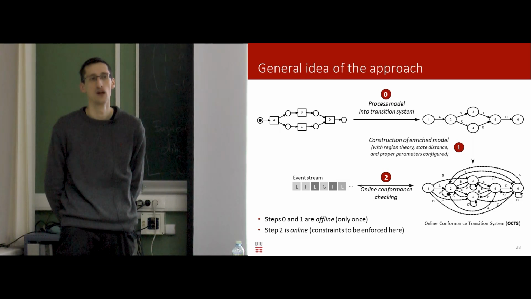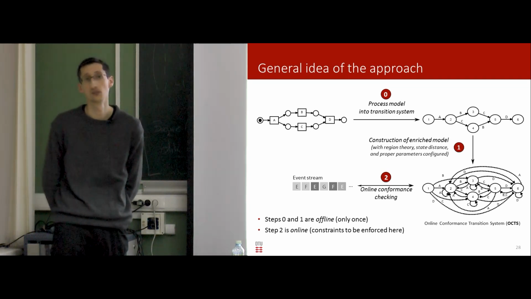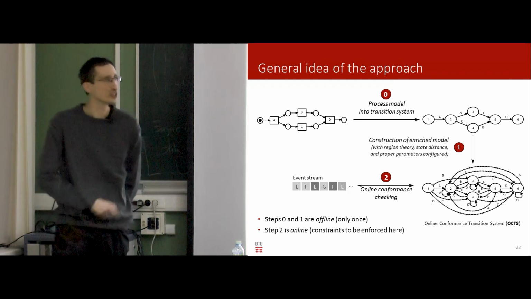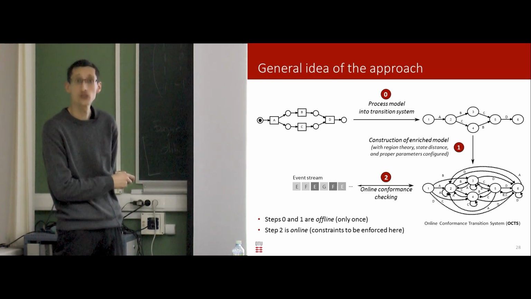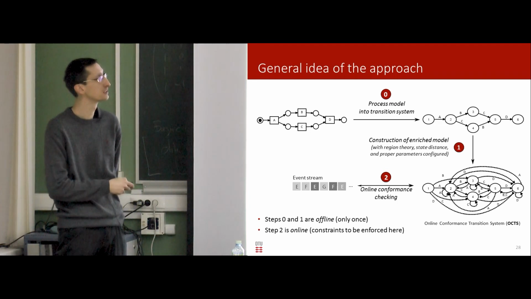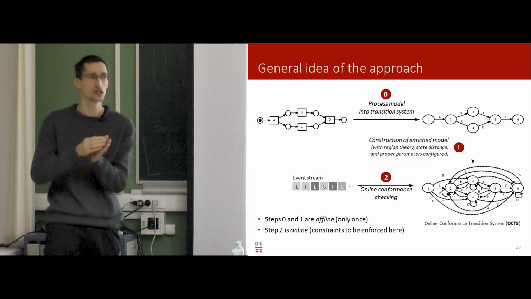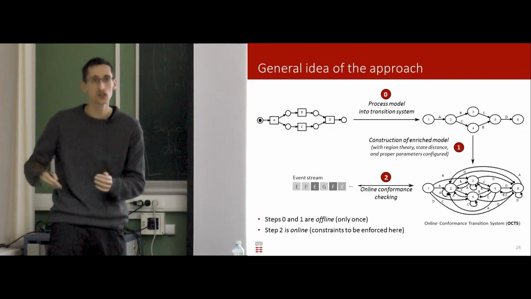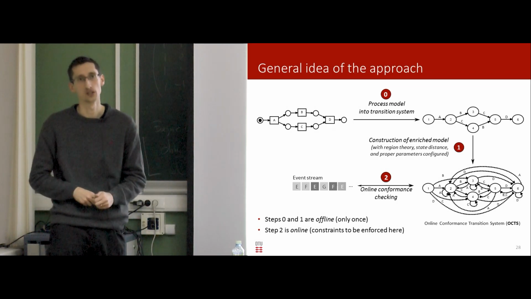No, this process, with this work would not be able to do that, because here the deviations, let's call them deviations, are just in the control flow, which means that a deviation is when we're performing activities not in the order that is prescribed by the model.